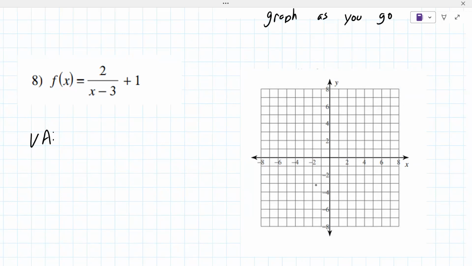The vertical asymptote would be x equals positive 3. That's this line. And then the horizontal asymptote would be positive 1. Yeah, y equals 1.